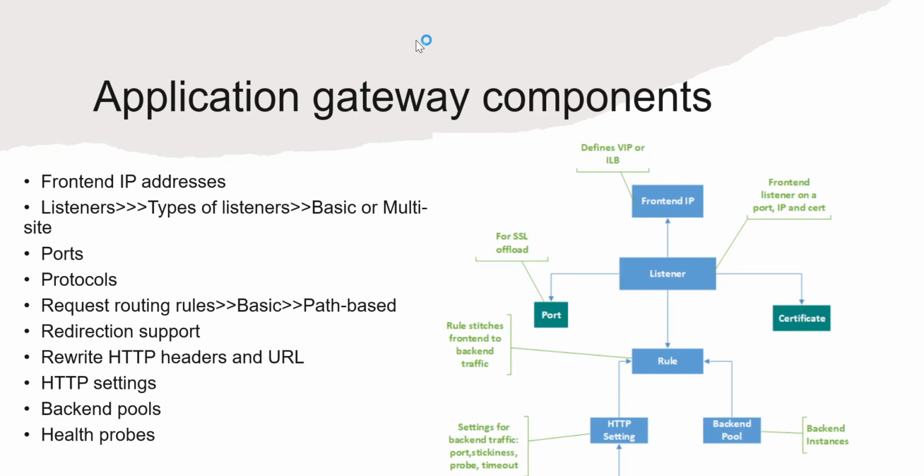these are the application gateway components which are configured: the front-end IP address. So the front-end IP address is configured. It could be a virtual IP. And for the front-end IP and the listeners, there are two types of listeners: basic or multi-site listeners.